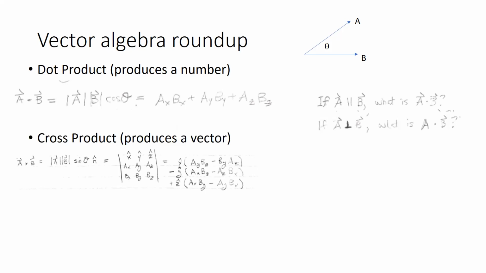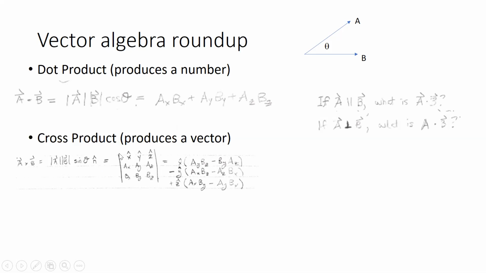This is a somewhat big equation all at once, but the cross product of A and B is equal to the magnitude of A times the magnitude of B times the sine of the angle between A and B, rather than the cosine, as in the case of the dot product, times a unit normal vector, which is determined by the right-hand rule applied to A and B, okay? Because there has to be a vector here because the cross product produces a vector.